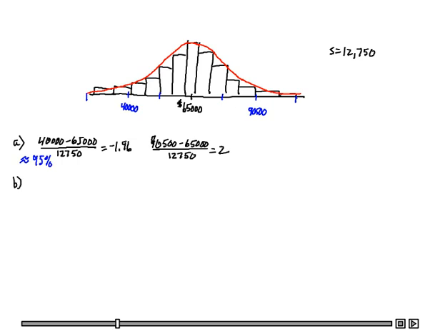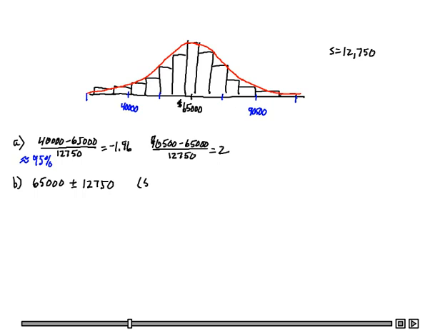B. What kind of prices can you expect to pay for 68% of the homes in this neighborhood? Well, according to the empirical rule, 68% of the homes will be priced within 1 standard deviation of the mean. So I'm going to add and subtract the 12,750, 1 standard deviation, to the mean, 65,000.